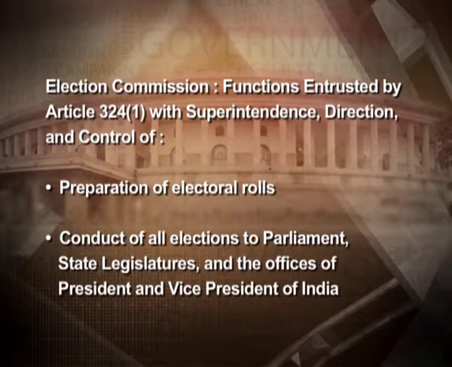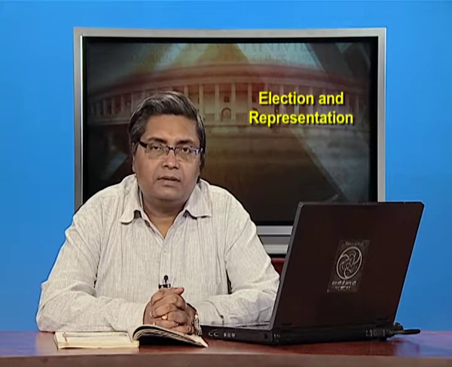of elections to Parliament, to state legislatures, and to the offices of President and Vice President of India, not to the local bodies. This you must remember. So elections at what levels does the Election Commission conduct?